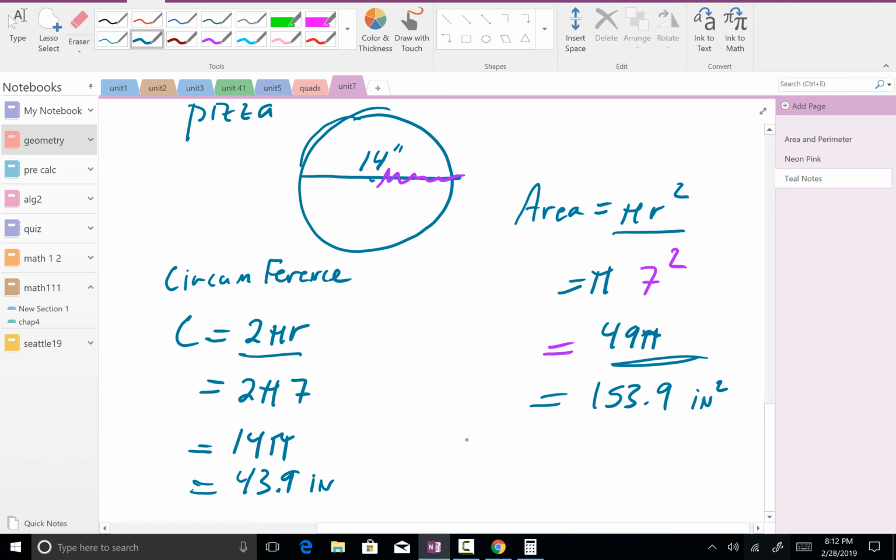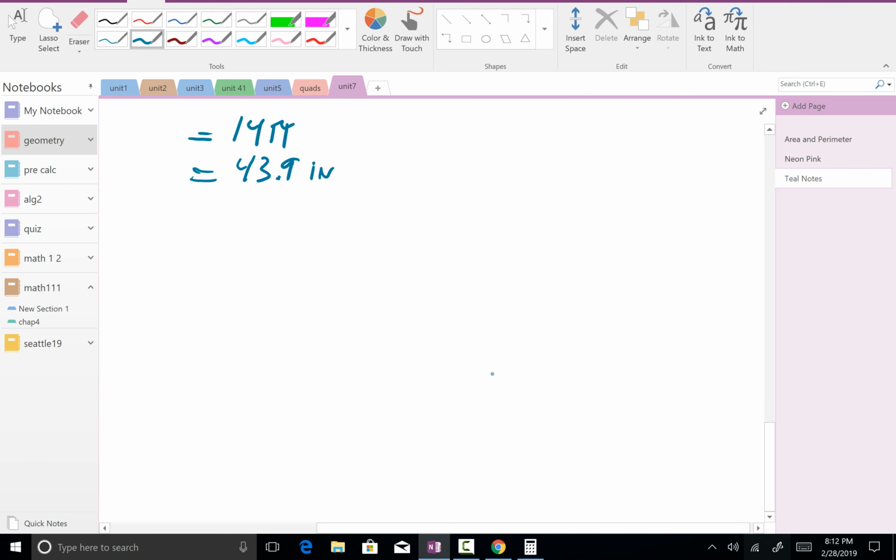The next thing we're going to do is talk about what happens if we have a shape that looks like a pond. Okay, what about that? What about a pond? Okay, well, let's do that. So here's what I want you to do.